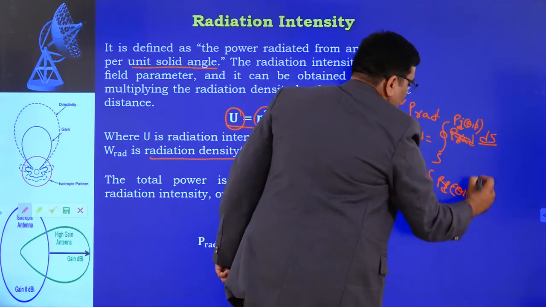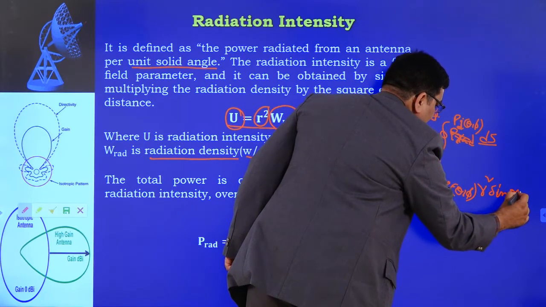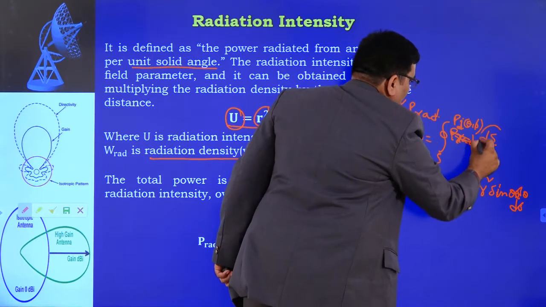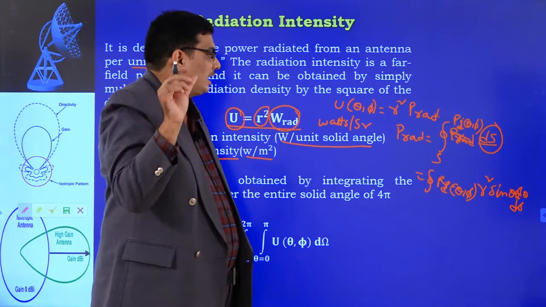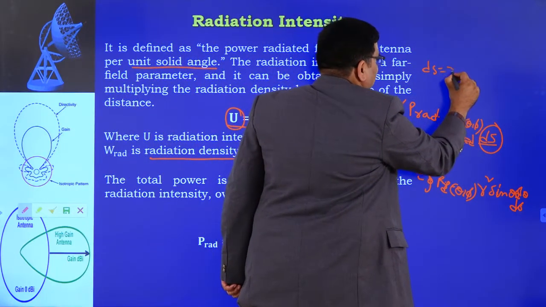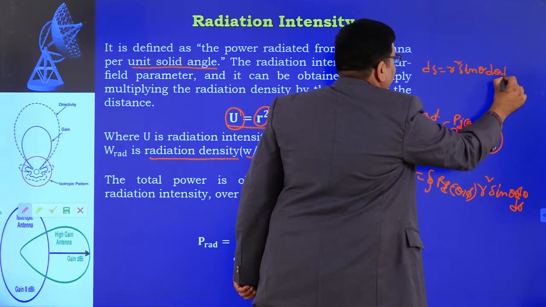We know ds is equal to r square sin theta d theta d phi, where we are taking a small piece of area.